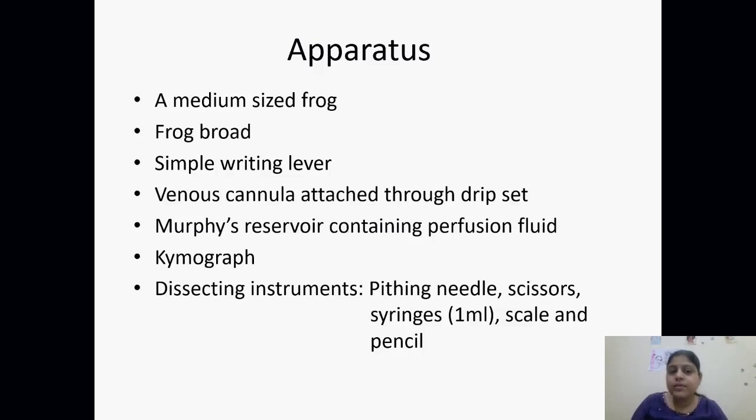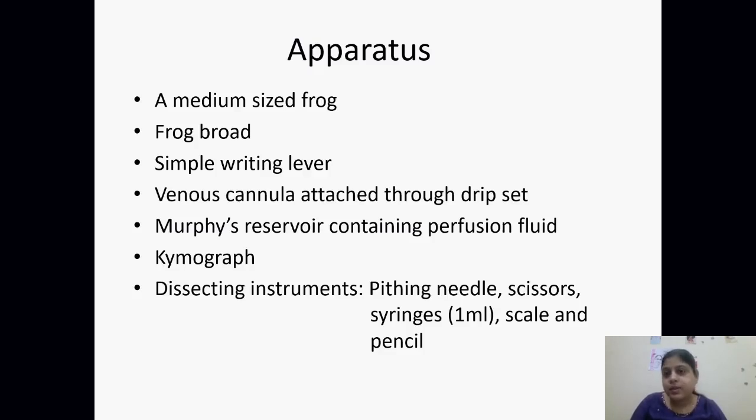So we have a venous cannula which is attached to the drip set and Murphy's reservoir, which contains the perfusion fluid, and when it enters the sinus venosus, it enters the right atrium and then the ventricle. Next is the kymograph to record the contractions.